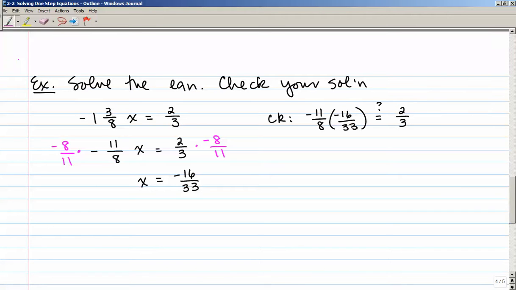So I can actually do some canceling here. This 8 will become a 1, negative 16 becomes a negative 2, 11 and 3, that will become a negative 1, and that will become a positive 3, and indeed that's going to leave me with 2/3 equals 2/3. So yes, this solution does check, and my final answer is x equals negative 16 over 33.